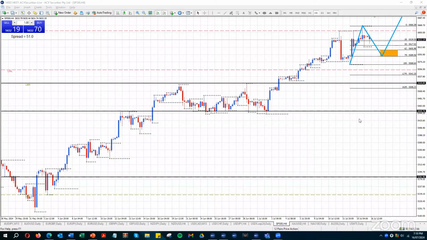Like so. I'd much prefer to see this. If I wanted to trade this, take a position of any kind of length, I'd like it to come down to 55.20. And can it get support there? And then you would have a nice healthy dip, corrective dip, to then maybe take a position for a long-term move. It's always difficult to be a buyer when you're so close to the all-time high.